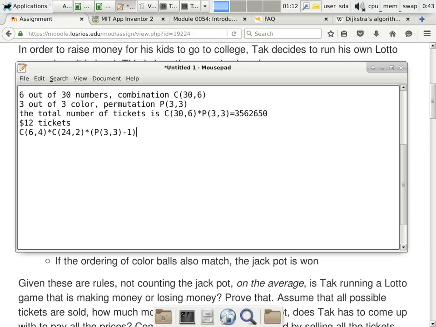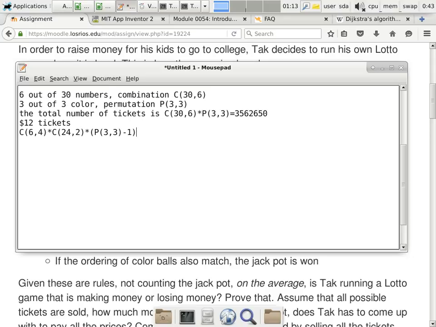In other words, we already know the permutation of choosing 3 out of 3 is 6. So this is just 5, because out of the 6 possible ways to order the 3 colors, one is winning, which is not getting $12. That one is getting $60. So out of the ones that are not matching the ordering of the colors, there are 5 of those. Is that making any sense?